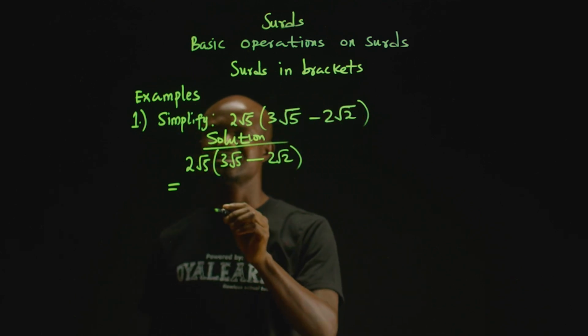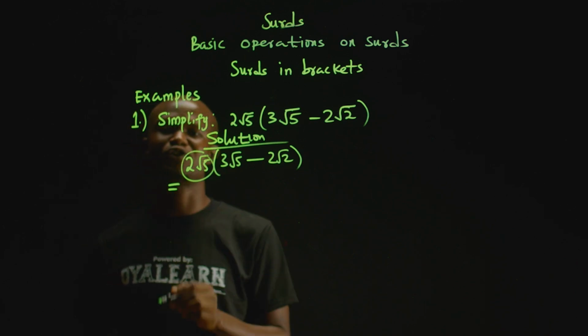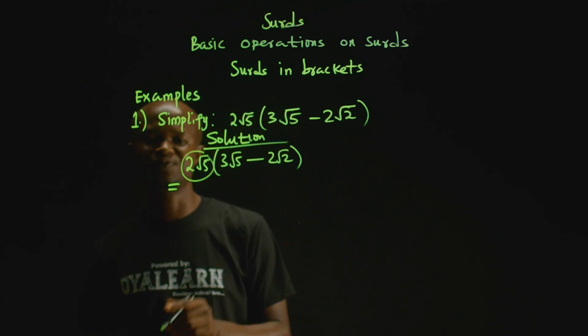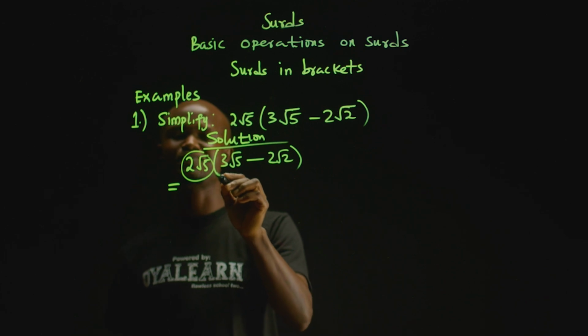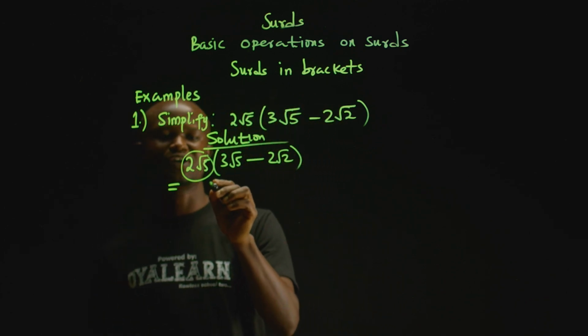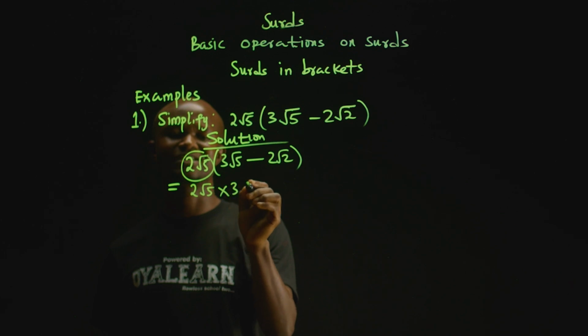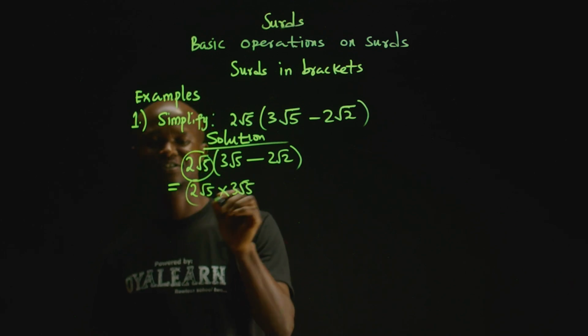So in this case, what we have outside here, which is the multiplier, this will form our multiplier, 2 root 5. The multiplier will multiply each term inside the bracket. So for the first one now, this will multiply. We are going to have 2 root 5 multiplying 3 root 5 first.